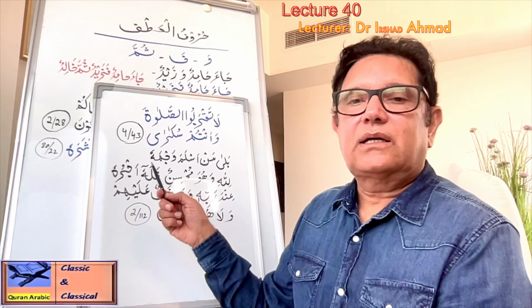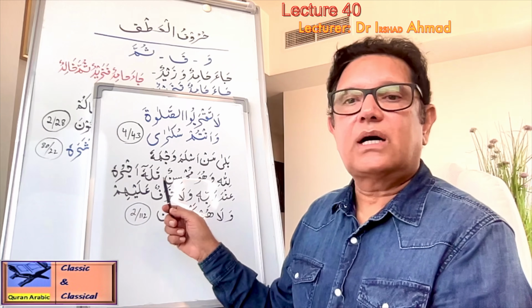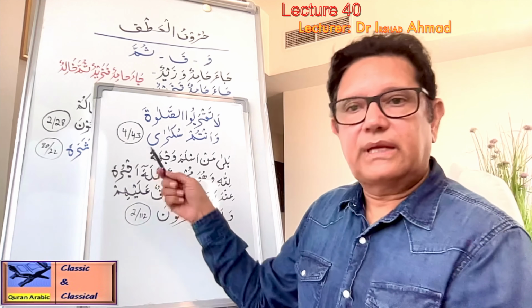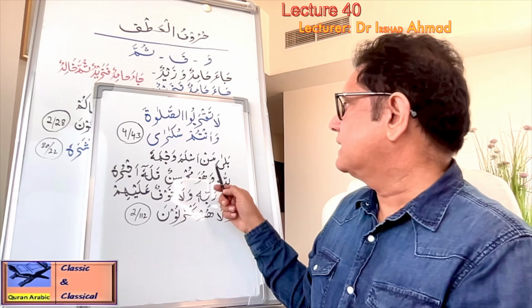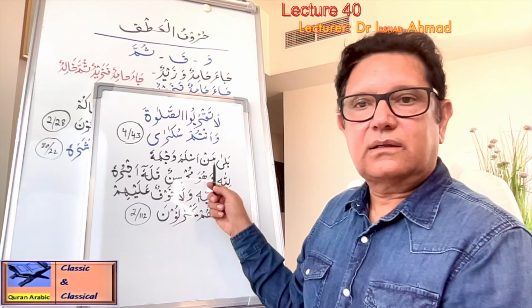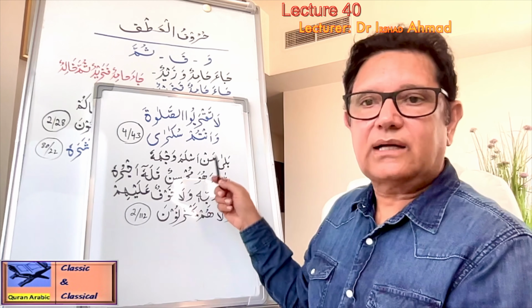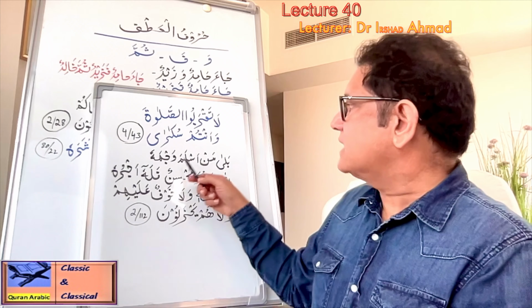They say that no one is going to go to paradise unless you are Jew or Christian. That's in the ayah before this. And then this ayah says, Bala, why not? Or no, yes, why not? Which means yes.